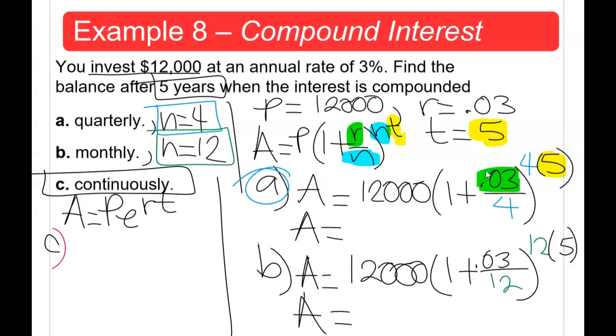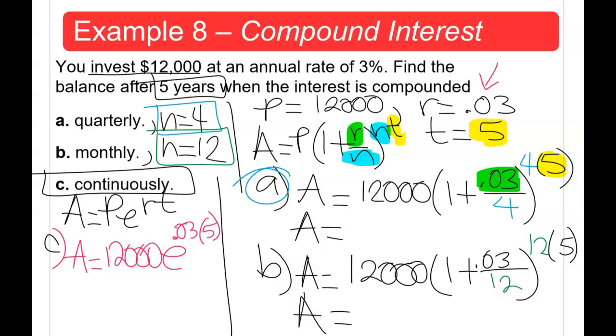So in this case, A is equal to 12,000 e to the power, the rate is 0.03 right here, times t, which is 5. And so you could pause the video and practice how to enter it on your calculator.